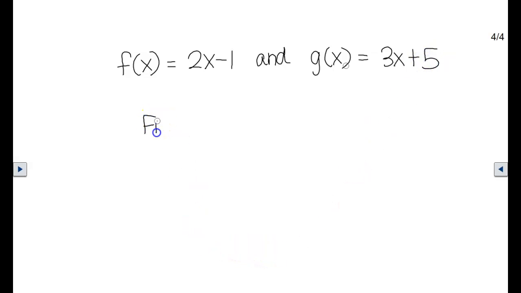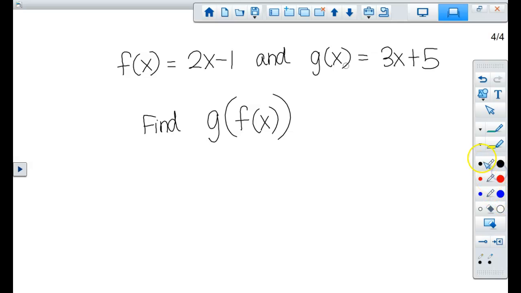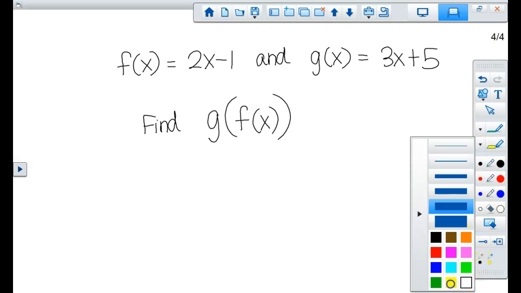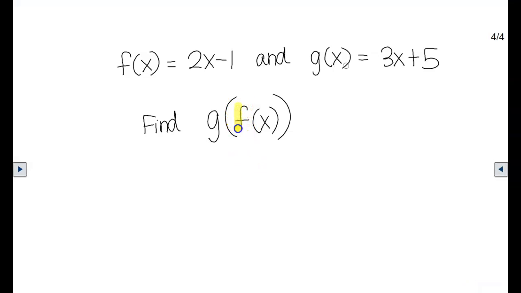Let's find g of f of x. So again here, notice no specific input for x. No specific input. So we're going to be finding a rule here.